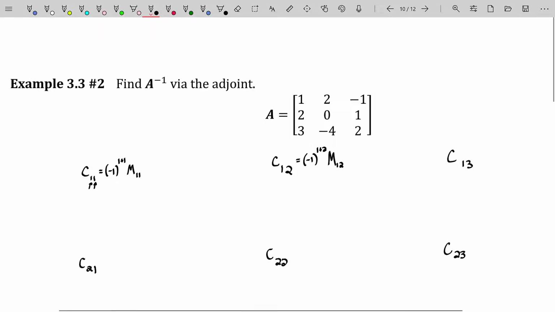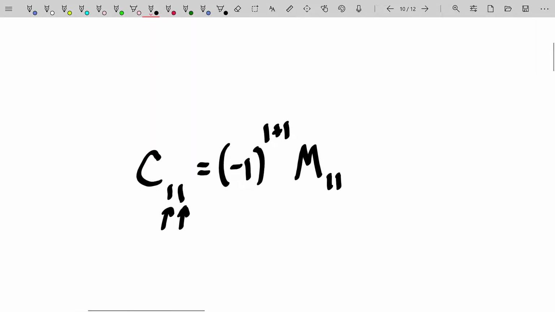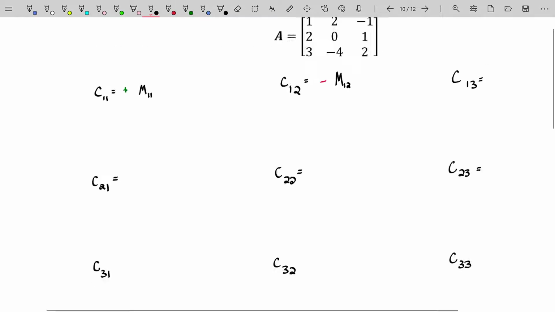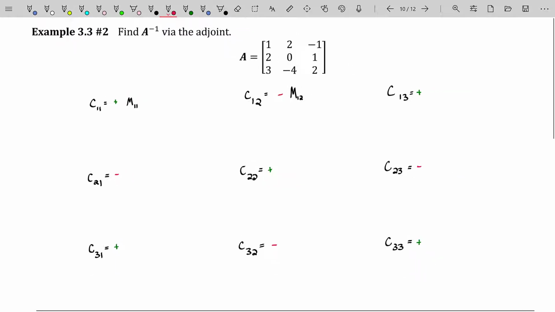Now, you can obviously see what's happening here with the negatives, right? It's negative if the sum of the indices is odd. It's positive if the sum of the indices is even. So if you don't mind, I'm going to just mark that in here. All right, we have that filled in, and I'll also write in the minors.